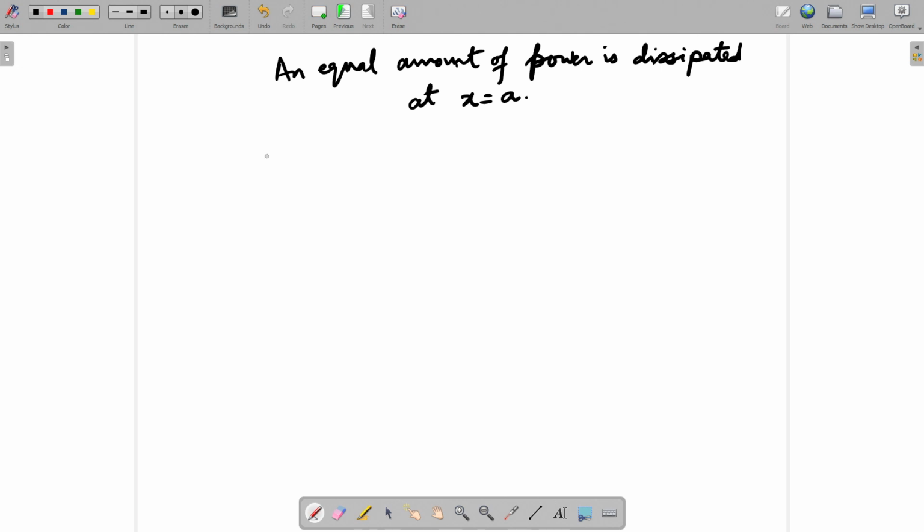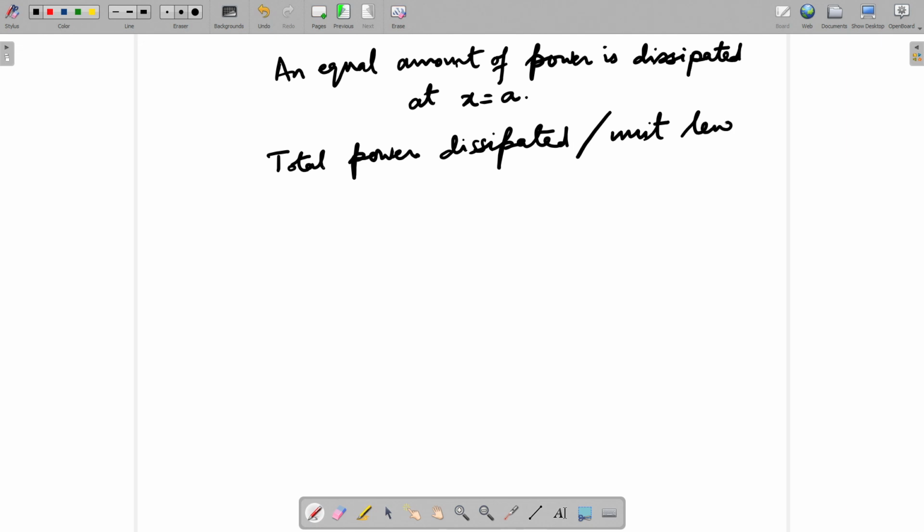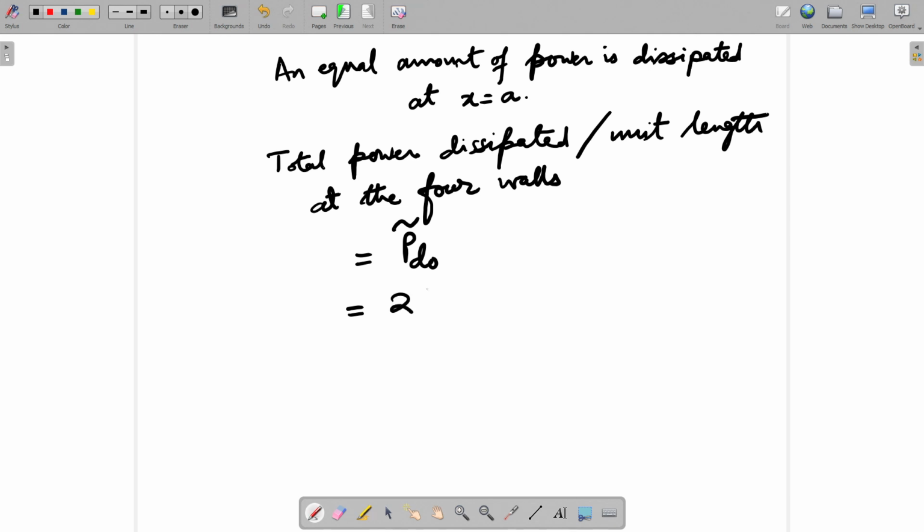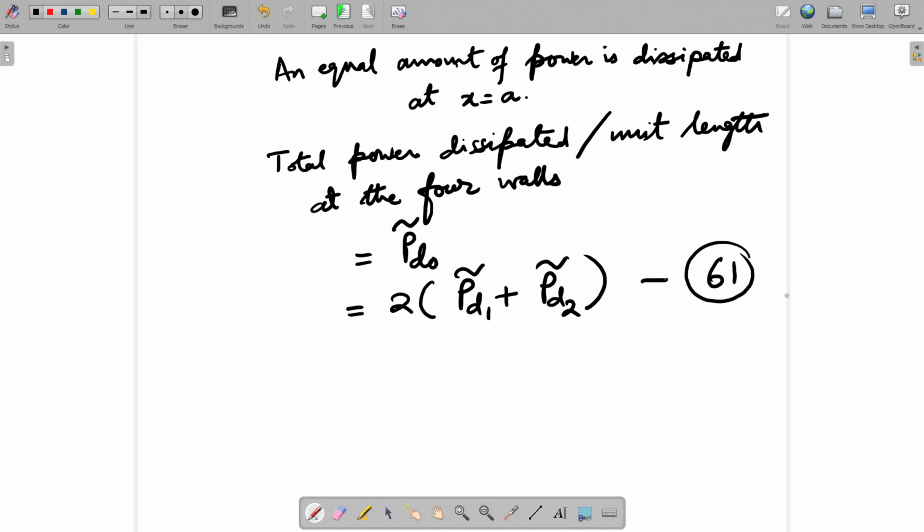So, the total power dissipated per unit length at the 4 walls of the guide becomes equal to P d 0 tilde, and that is equal to 2 P d 1 tilde plus P d 2 tilde. So, let us call this 61.